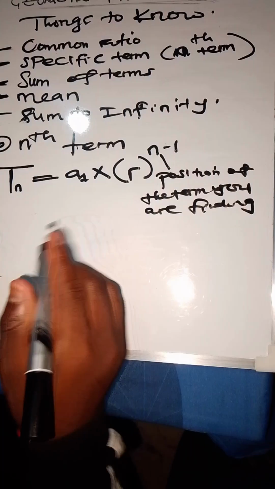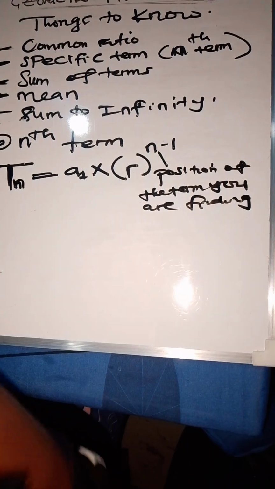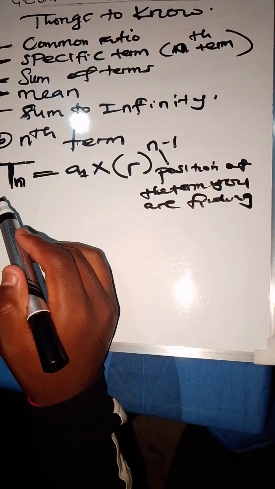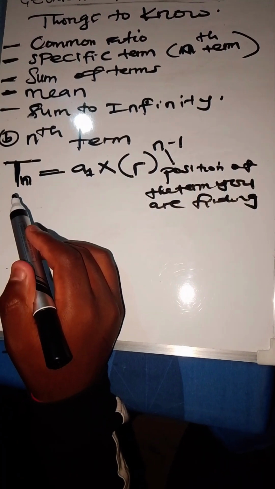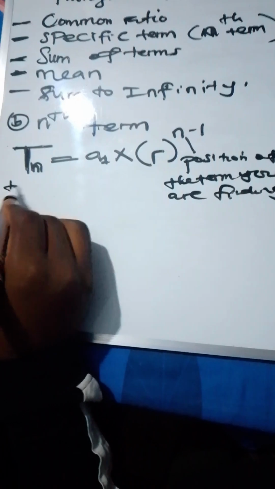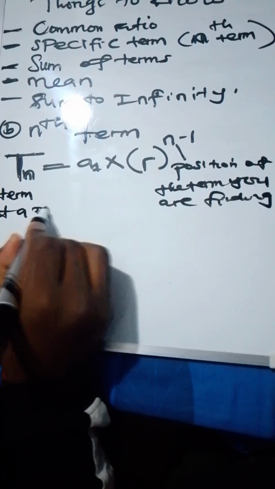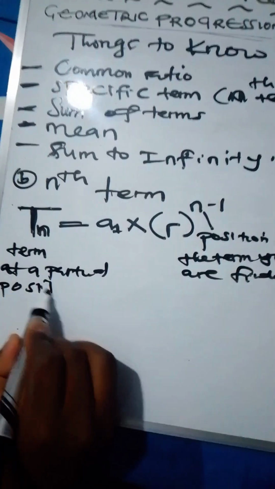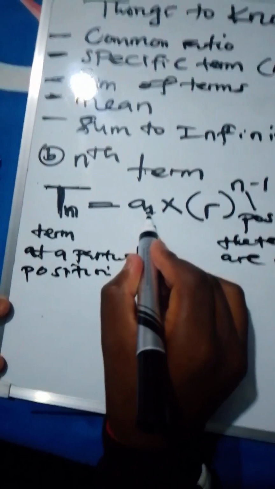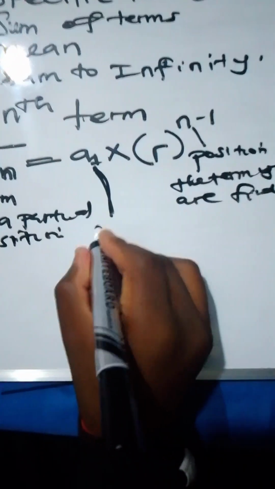Then Tn is the term that you are trying to find at a particular position. This one is the first term.